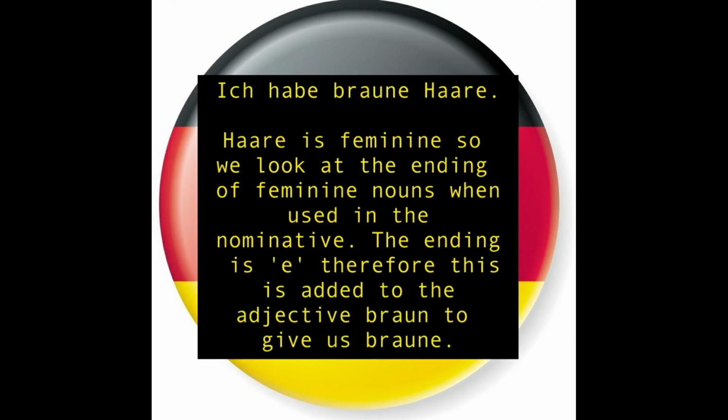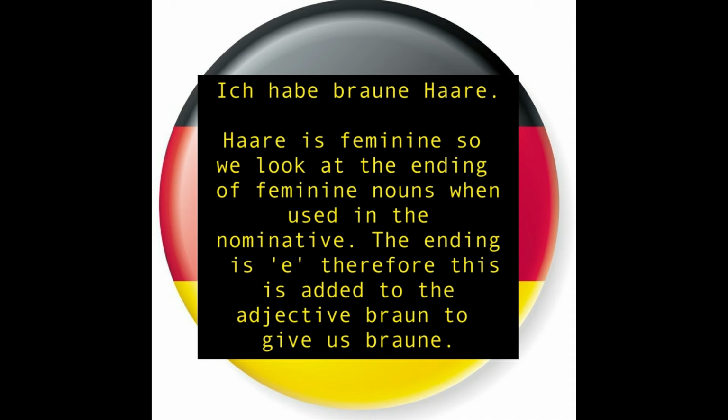Okay, so let's look at an example. One of the sentences we said in our last lesson was, I have brown hair, which is Ich habe braune Haare. Haare is feminine, so we look at the endings of feminine nouns used in the nominative.